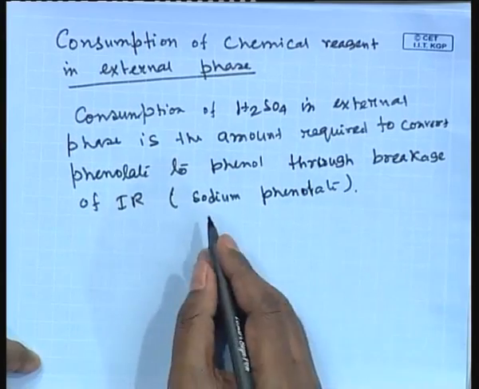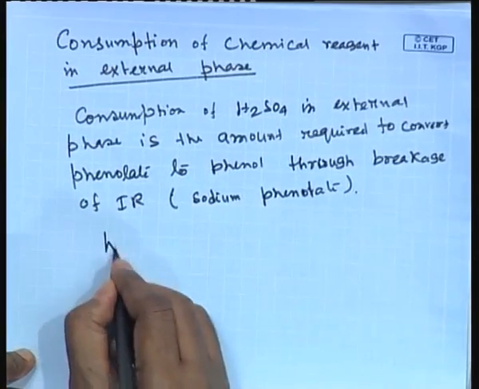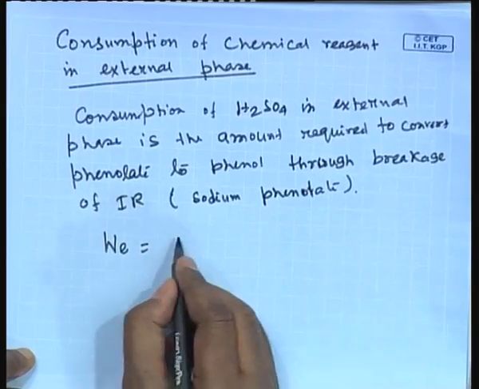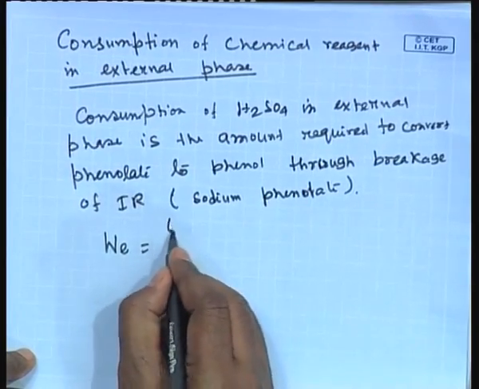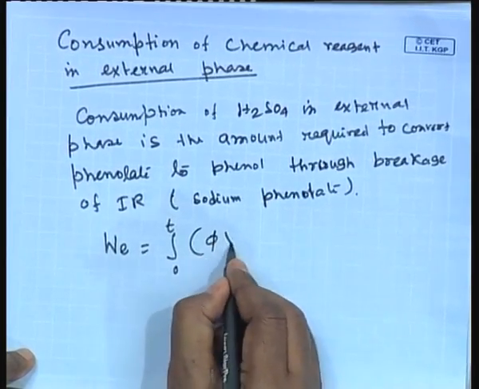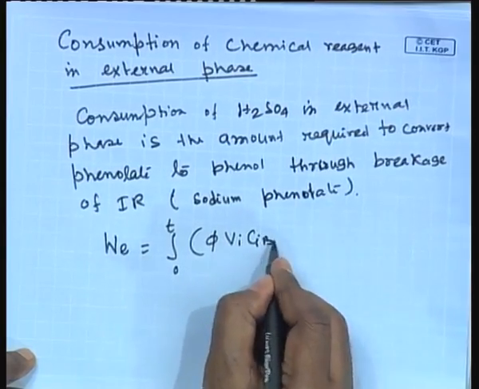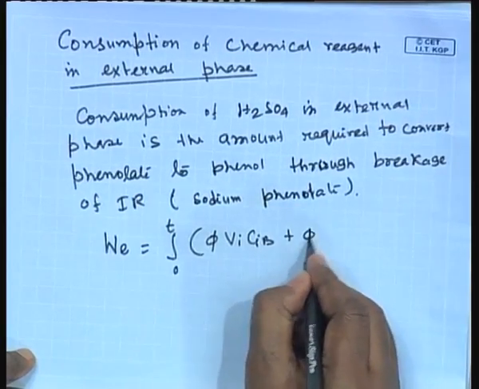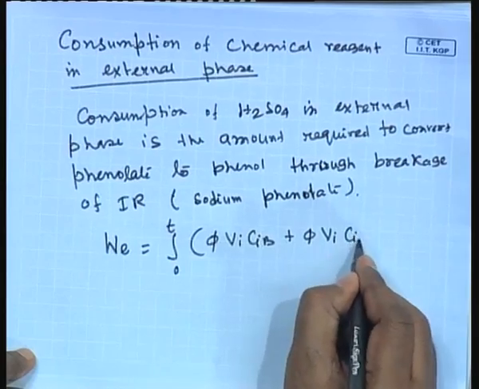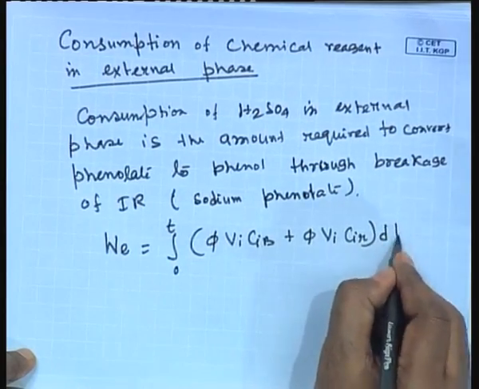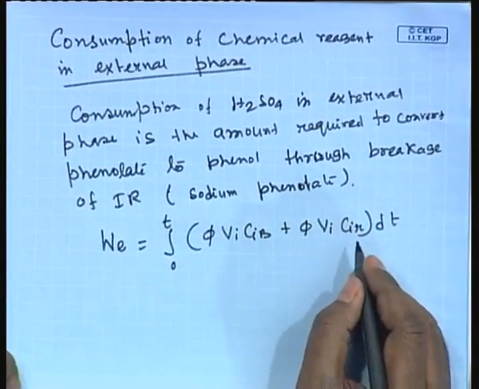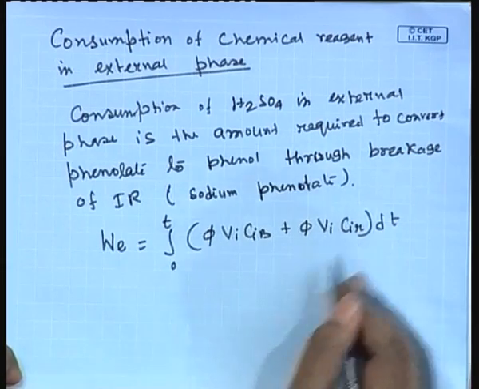Okay. And this amount will be given by this expression: integral 0 to t of phi V_I C_I b plus phi V_I C_IR dt. What is C_IR? C_IR is the concentration of internal reagent.